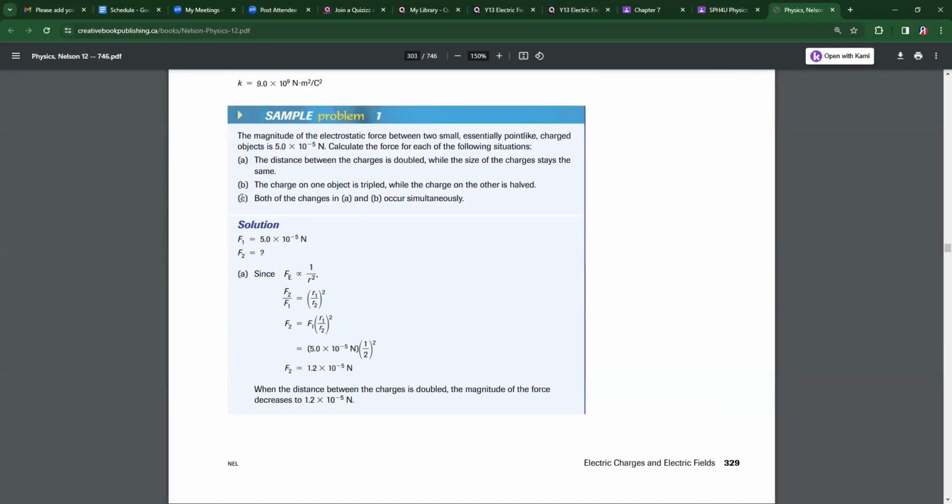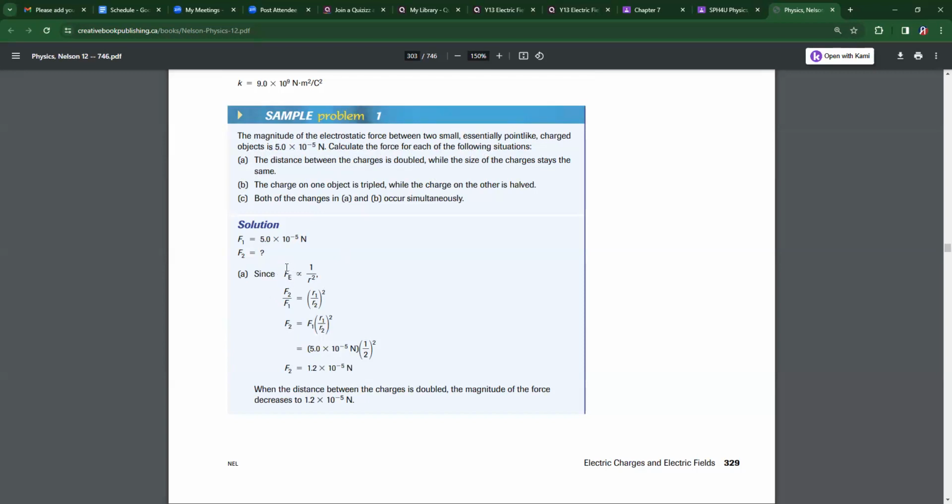Example of how to apply Coulomb's law. If you have a force between two small charges of 5 multiplied by 10 to the power negative 9 newtons, how do you get the force if you increase the distance 2 times and keep the same size of the charges? So the distance will be twice bigger. How will it affect the force?